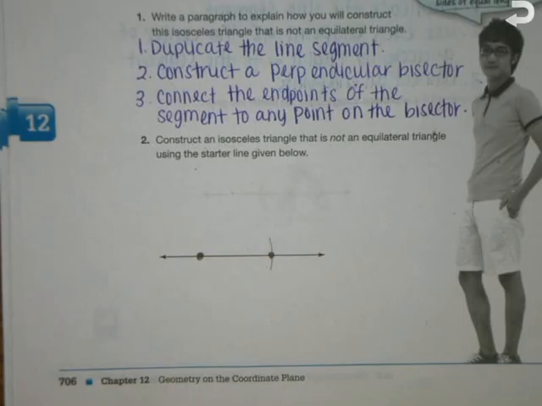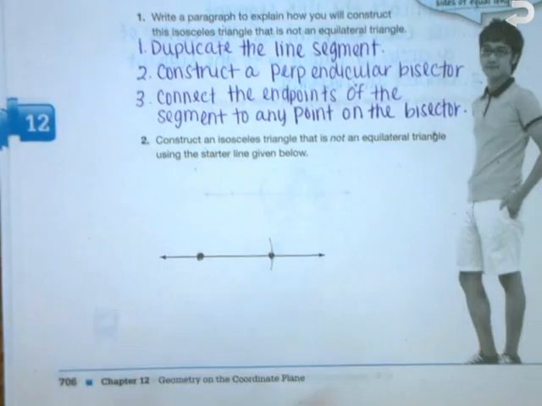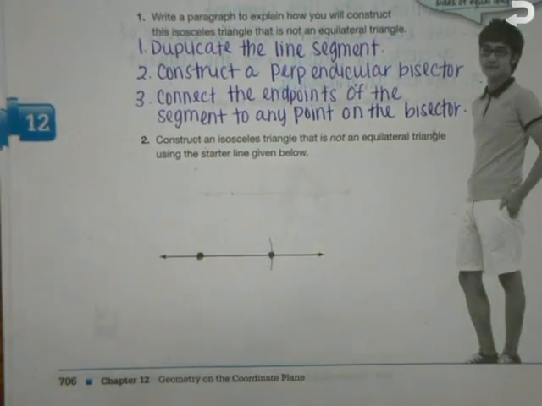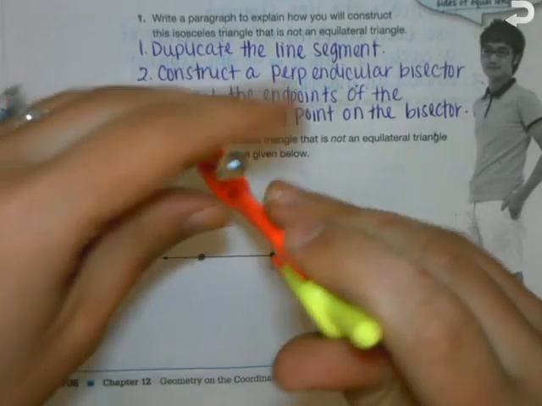And then we are going to construct a perpendicular bisector. Do you guys remember how to do a perpendicular bisector? Okay, what would be the first step? Make it bigger. And then what? Then you make a little arc on top. An arc on top, and an arc on bottom.